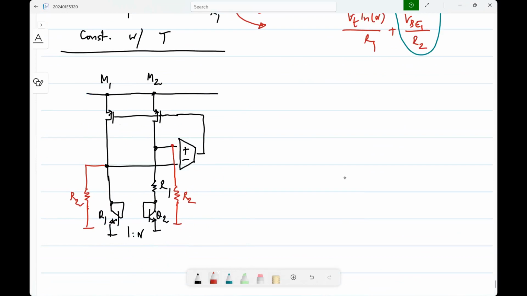This R2 is the same as whatever R2 you used in the earlier circuit to get a constant voltage reference.